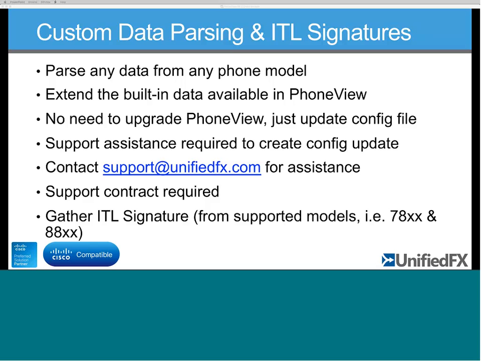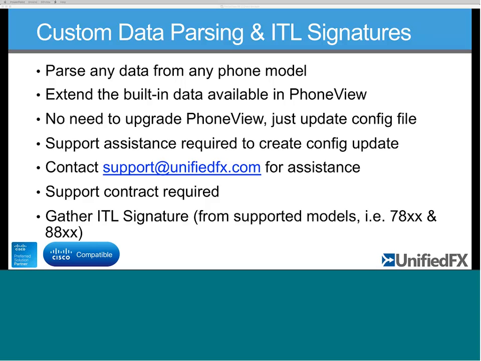Now the way that works is we've got a config file. It's really something that's best if we update because it is quite complicated. There's no GUI to it as such. We might do something like that later, but right now it's just a raw config file.